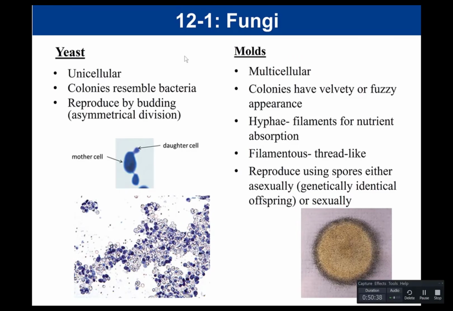You want to know that the molds are filamentous, right? They're thread-like. They have hyphae, which are filaments that are used for nutrient absorption. The molds reproduce using spores, either asexually or sexually, and we talk about examples of this. Yeast often reproduce by budding, which is an asymmetrical division. And so you want to compare and contrast yeast and mold, so the characteristics for each.